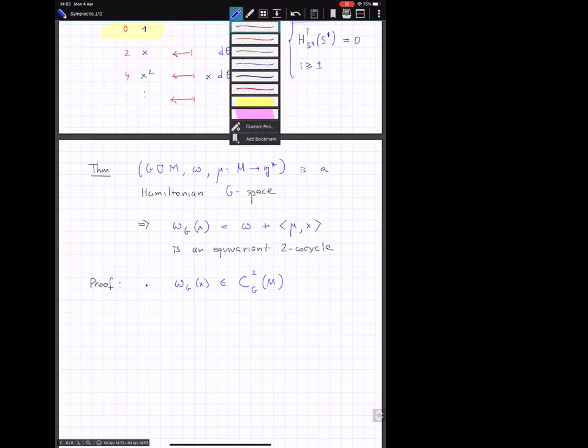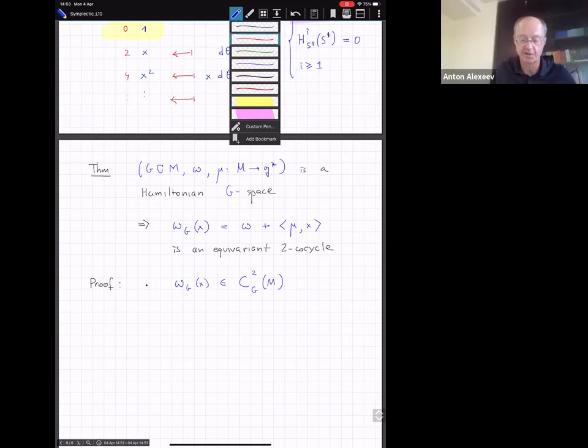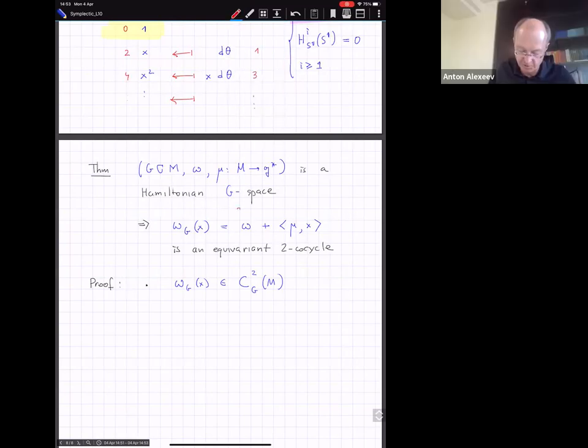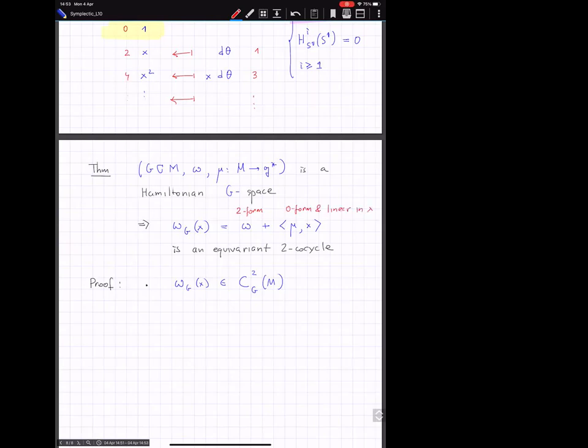Is mu paired with X a zero form then, is it? Yeah, it's a zero form. I just tried to clarify. Yes, that's right. So this is a 2 form, and this is a 0 form, linear in X. And the result is homogeneous, and therefore.